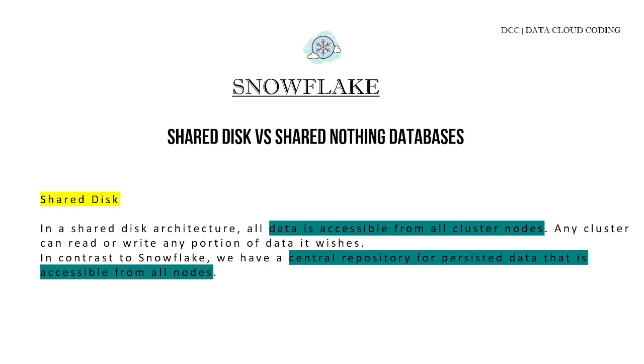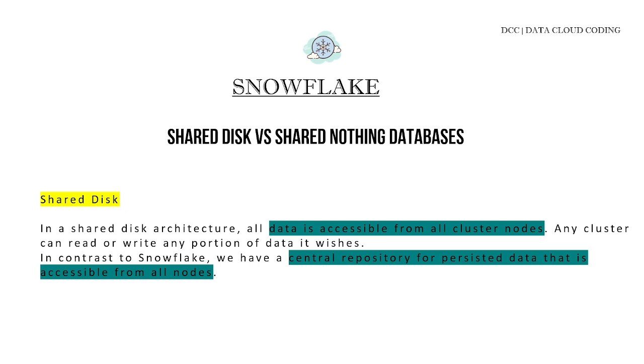Now let's look into shared disk databases. In a shared disk architecture, all the data is accessible from all cluster nodes. Any cluster can read or write any portion of the data it wishes. So we have a single central data repository and all the cluster nodes can access it. They can read data, they can write to the data as per the cluster node requirement.